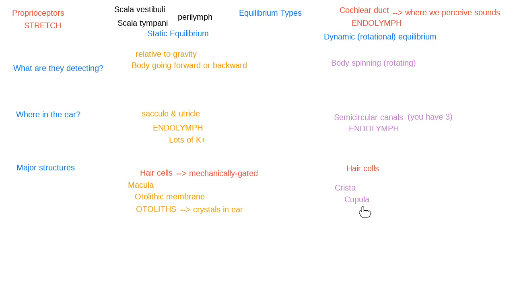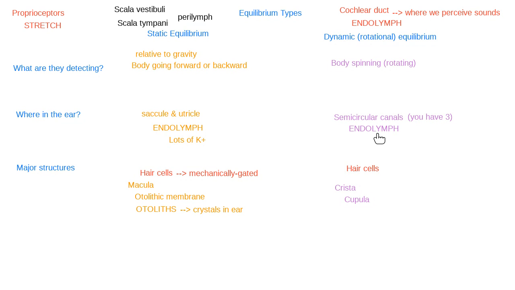The cupula doesn't slide forward or backwards. The cupula bends. So remember our picture of equilibrium. The cupula is going to bend when your body starts spinning, because that endolymph inside the semicircular canals doesn't start spinning at the same time that the rest of your body does.